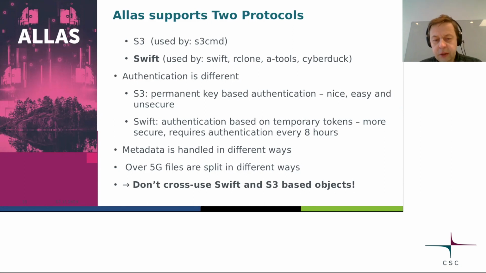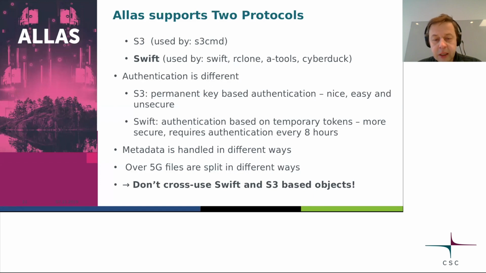Also, when you upload data to Allas, files that are over 5 gigabytes, or even smaller in some cases, are split into several objects when they are uploaded to the system. Normally, you don't have to worry about that at all. If you upload a file to Allas and it's split into pieces, when you download it the client typically automatically combines the pieces and you get the same original data back again.